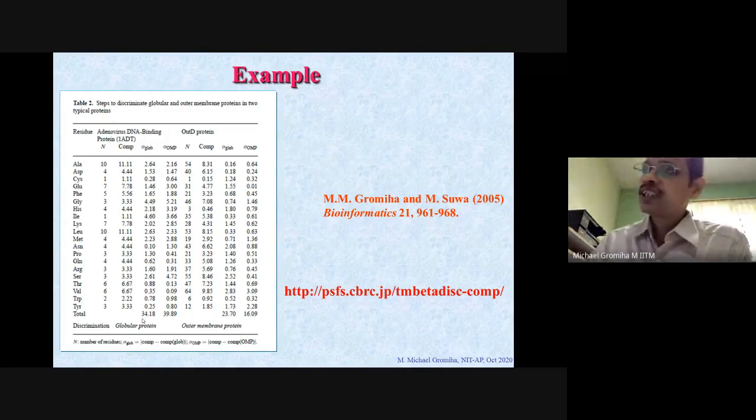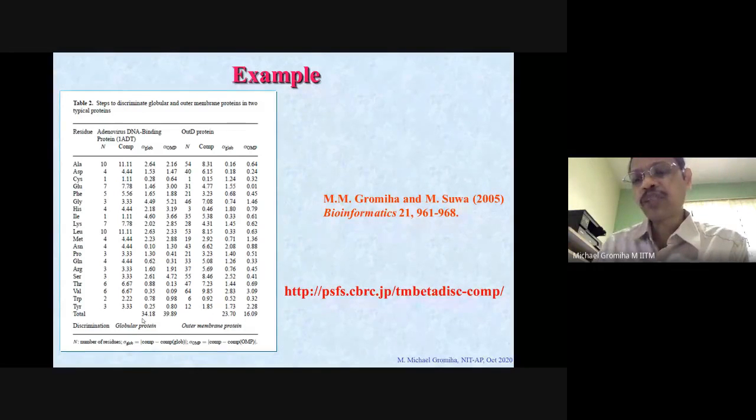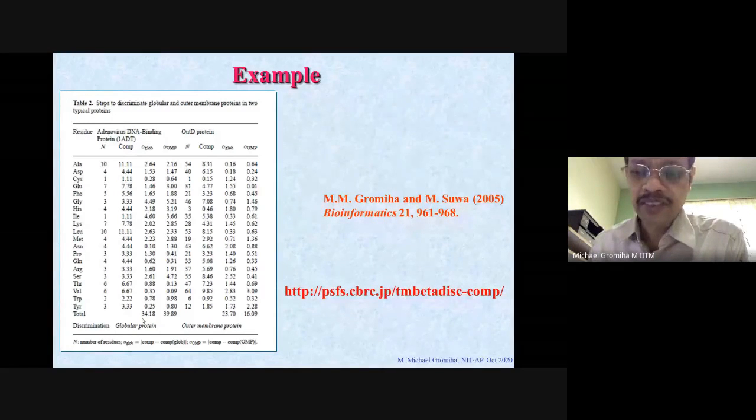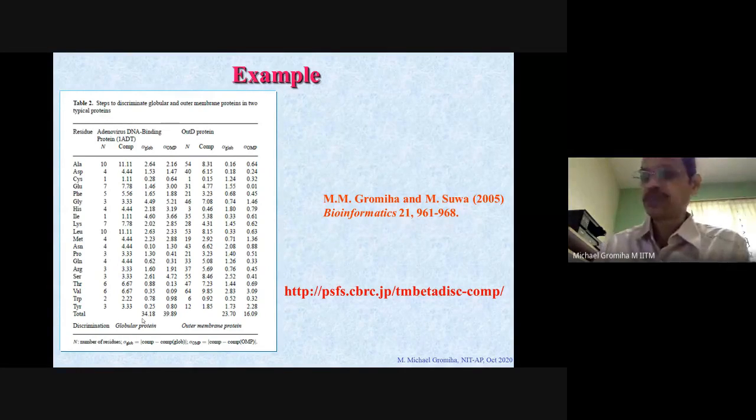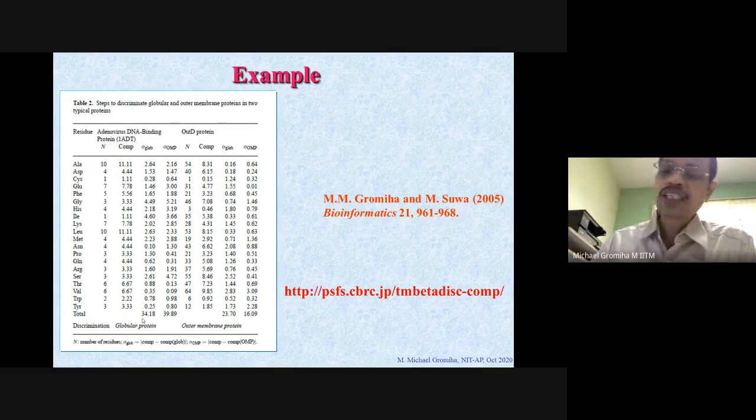That is the reason we cannot predict 100% accurately. If you do like this, you can discriminate up to the level of 80%. Then we use other features, other parameters that I discussed earlier, and some of them I'll discuss now, and we can improve the performance. That is the major aspect. Even if it is completely zero, you can use different features to predict this type of protein.